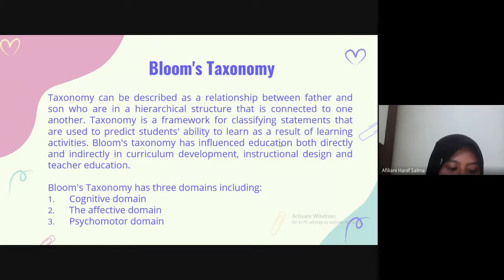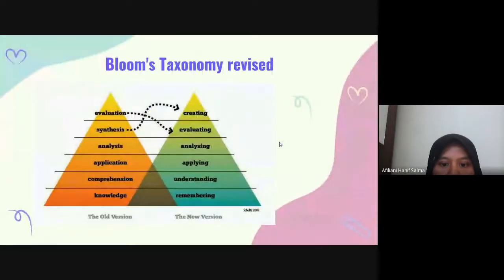Psychomotor indicators are student behaviors that are expected to appear after students participate in learning to achieve predetermined competencies. So this is the difference between the old version and the new version.